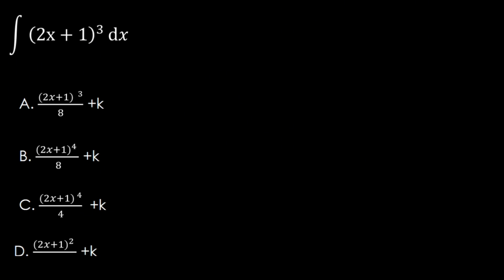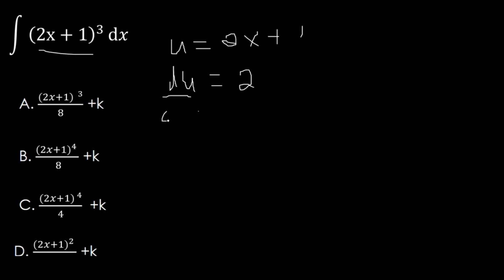Okay, let's come back. I know some guys are not understanding. We take our u equal to what? 2x plus 1. du is equal to 2 dx. Because it needs to be used to integration so as to solve easily this question and gain time, since we are running against time, dx is equal to du all over 2.